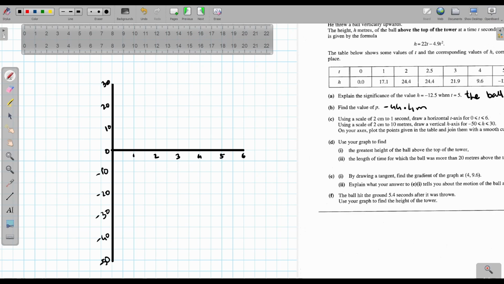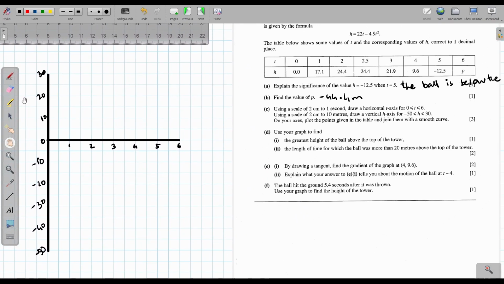All right. On your axis, plot the points given in the table and join them with a smooth curve. So my curve is probably not going to end up very smooth, but either way, there's a point there. Also, when you're doing this on actual graph paper, you're going to have very small squares, so you'd be able to do this a lot more accurately than I am. But anyways, at 1 second, it is at like 17.1, so that's going to be somewhere here. At 2 seconds, it's at 24.4, which is going to be around here.